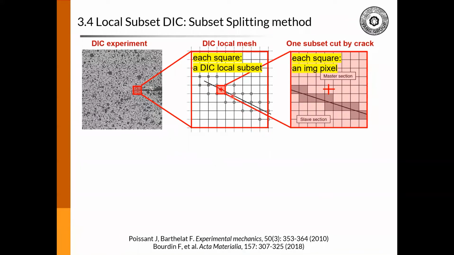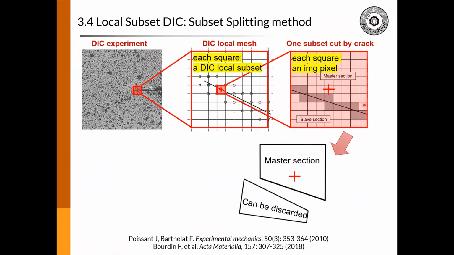And for each local subset, because it's an image, you have so many pixels there, and there's the crack line in this subset. So the idea of subset splitting is to split this subset. You see there's the centroid of my subset. So I can cut this subset based on the crack line, and I only keep the part of this subset that's on the same side as my centroid point, and I discard the other minor part.